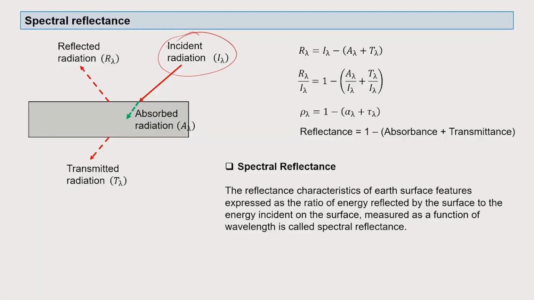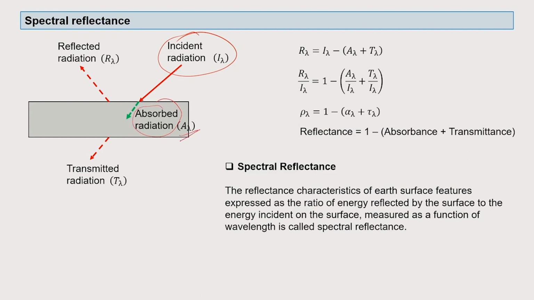the different types of curve that we actually get from this reflectance. Now, if you look at that, we have incident radiation which is coming from the source, which we call I lambda. Some part of this incident radiation gets absorbed on the surface or on the object, and that absorbed radiation we call A lambda.